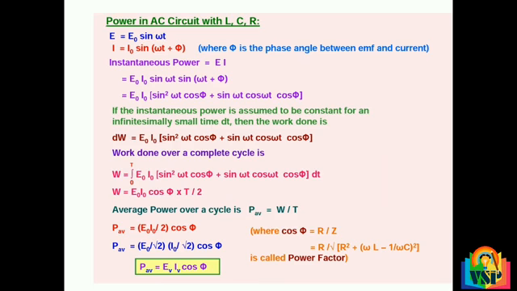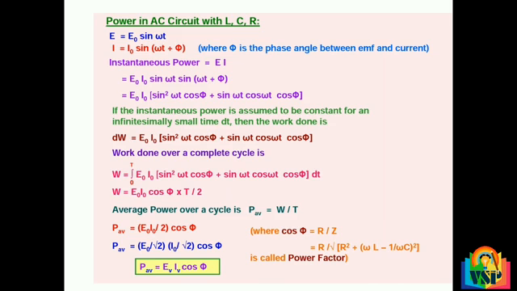The work done over a complete cycle, which means one time period, is the integral from 0 to T. After integration, we get work done W is equal to E naught I naught cos phi into T by 2. Average power over a complete cycle, P average, is work done by time, so P average is equal to E naught I naught by 2 cos phi.